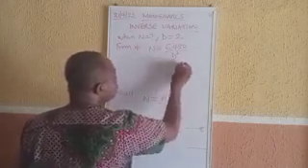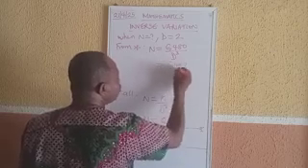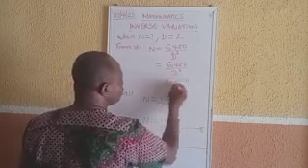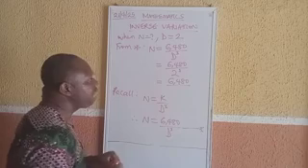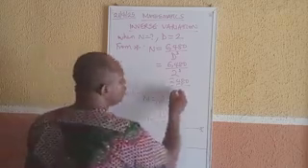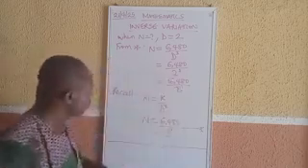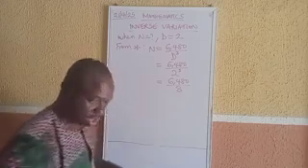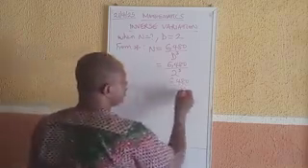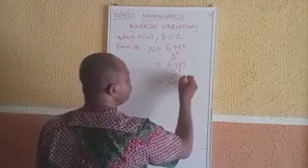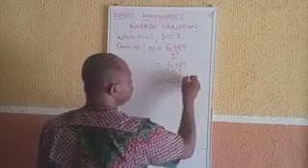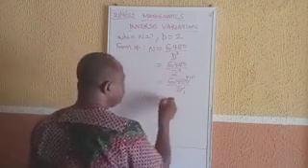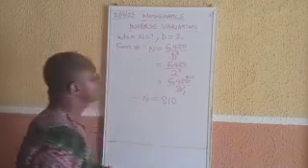That will be 6,480 over 2 raised to power 3, and 2 raised to power 3 means 2 multiplied by itself 3 times. That gives you 8. Now if we divide by 8, 8 into 64 is 8, 8 into 0 is 0. So therefore the value of n is 810.